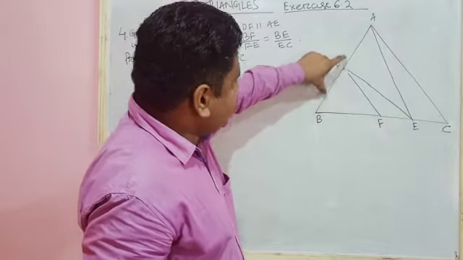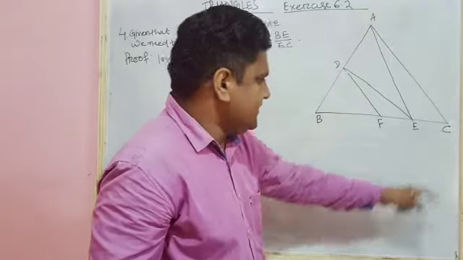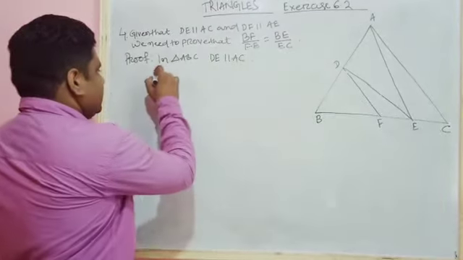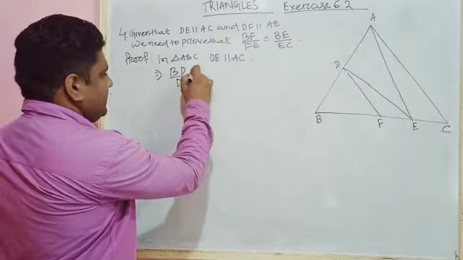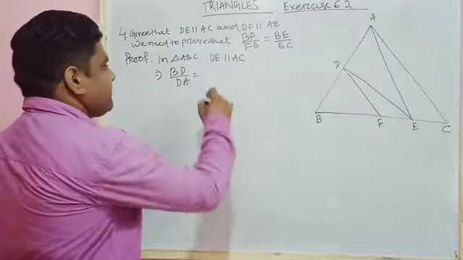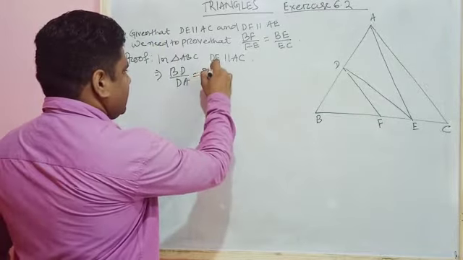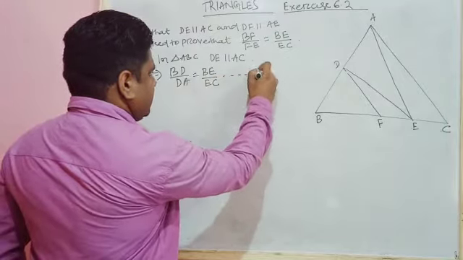So we can write BD by DA is equal to BE by EC. Let it be equation 1.